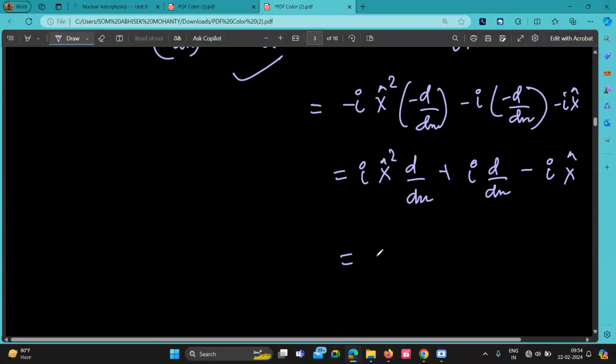So if you see, this is actually (i x² + 1) d/dx minus i x. I could have done it there, but I just opened it a bit.